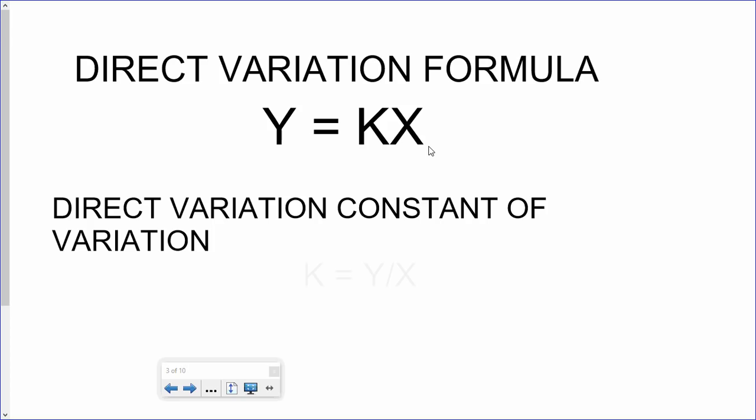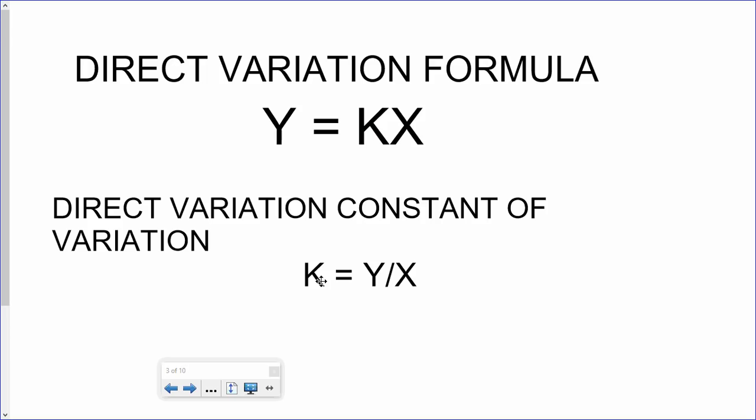To find the k, because remember I told you this is the only thing that should be a number, you are going to use this formula. And this is what makes a direct variation special from other linear equations. Every ordered pair, every xy combination, will always give you the same k value.